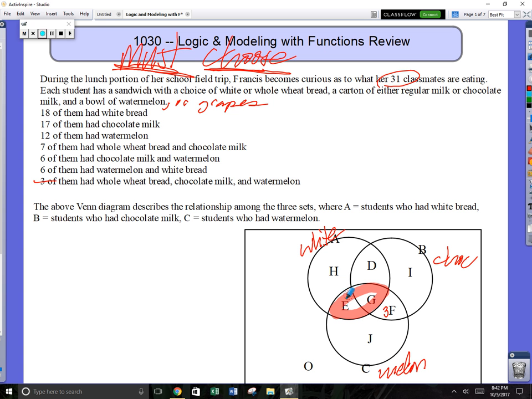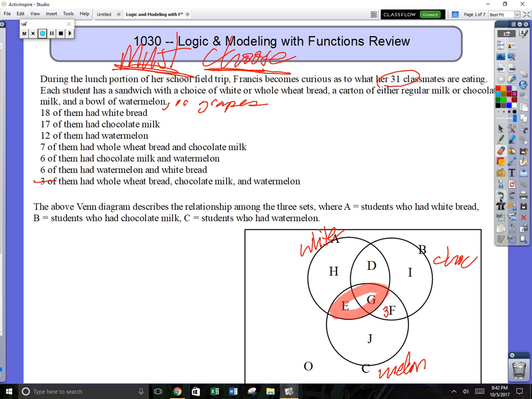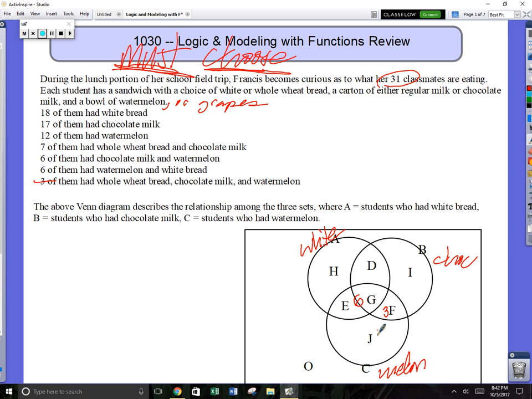They live either in region E or region G, because that's where the intersection of white and melon is. So 6 kids live here. Maybe it could be 4 in E and 2 in G, or 5 in E and 1 in G, or 6 in E and 0 in G. Okay, so we got that one done.